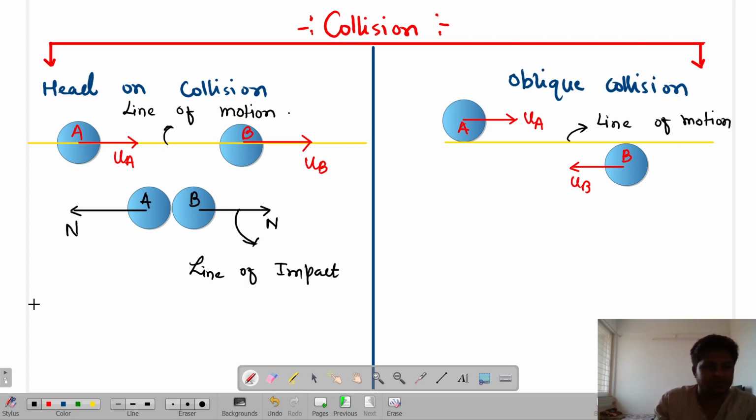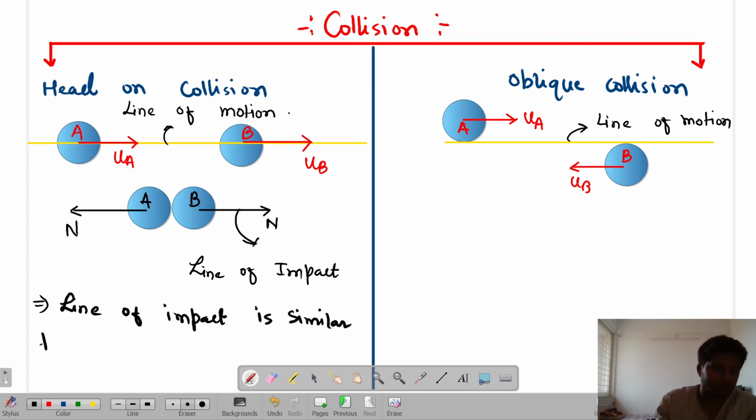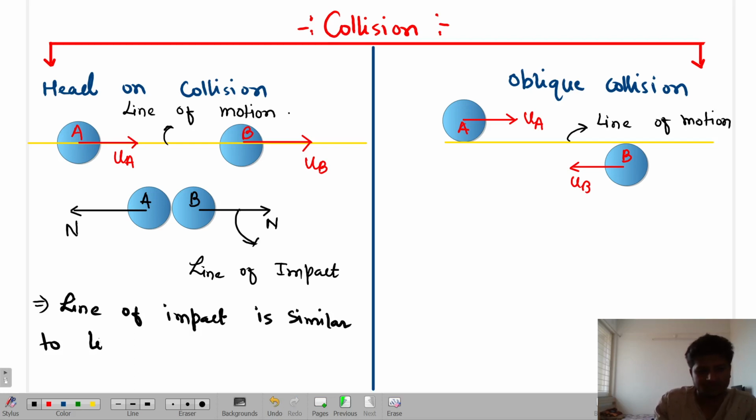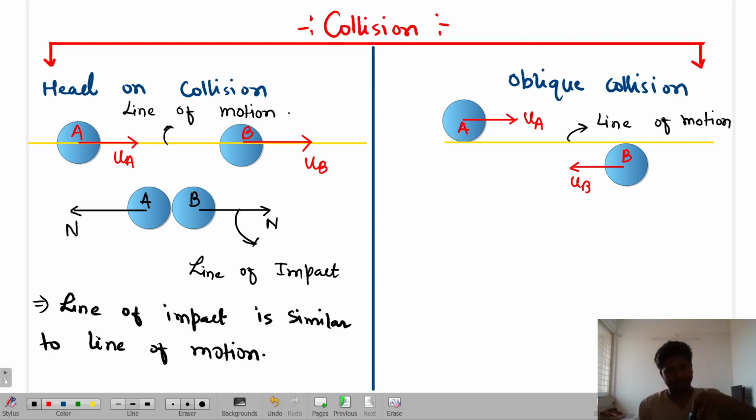So head-on collision is that collision in which the line of impact is similar to the line of motion. Is that clear? Both are similar.